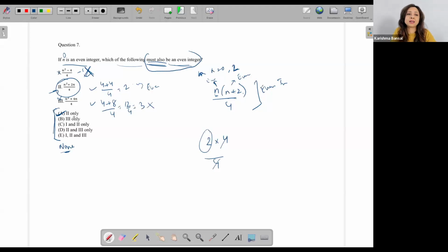I don't have none. I know that 1 and 3 are definitely wrong. So this is gone, this is gone, and obviously this is my only answer, and I'll just move on. Then I don't have to try and prove anything. But if none were also an option over here, then I would have to prove it to myself. There has to be a reason before I mark that 2 will be an even integer in all cases.